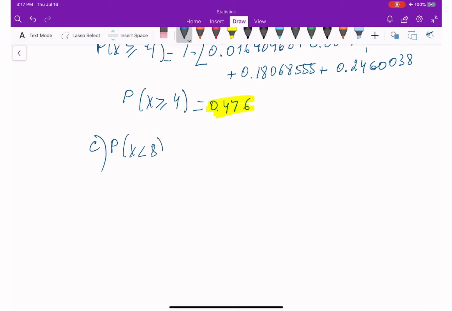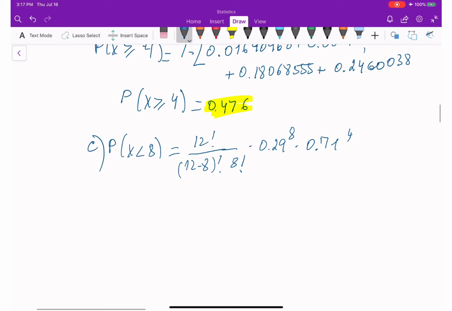It's going to be 12 factorial over 12 minus 8 factorial times 8 factorial, times 0.29 to the power 8 times 0.71 to the power 4, because n is 12 minus x is 8, it's going to be 4.